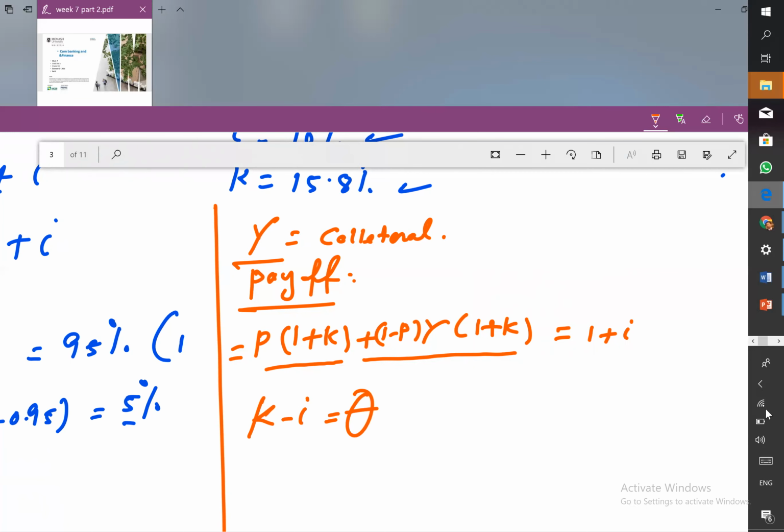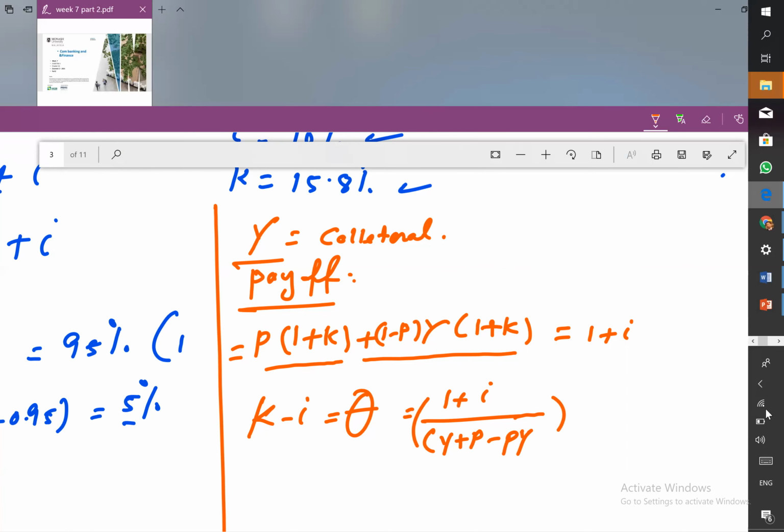And this premium equals the following: 1 plus I over B, plus B minus, and if you look at it, this is the 1 plus K.